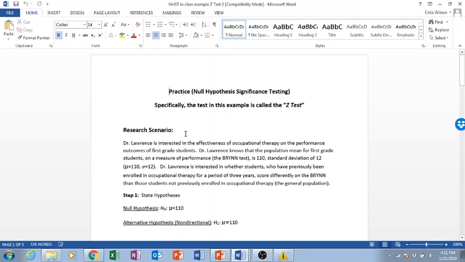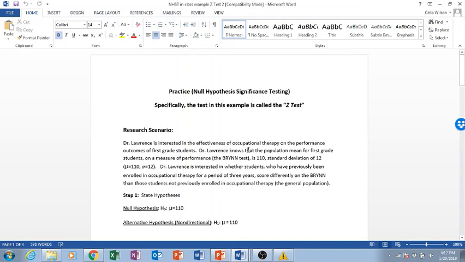But in this scenario, and I apologize, I'm just going to end up reading a bunch of this to you, but it's one more example on top of Dr. Meyer. All right, so in this example, Dr. Lawrence is interested in the effectiveness of occupational therapy on the performance outcomes of first grade students.